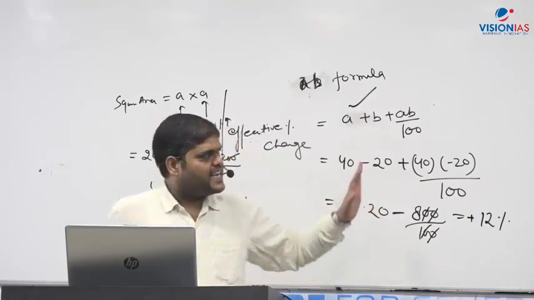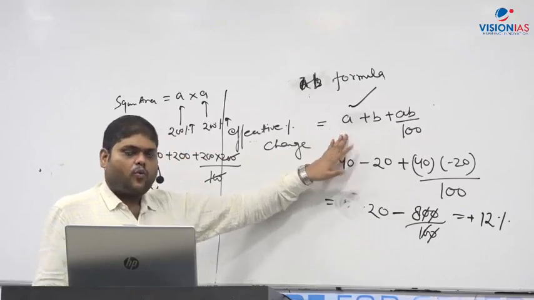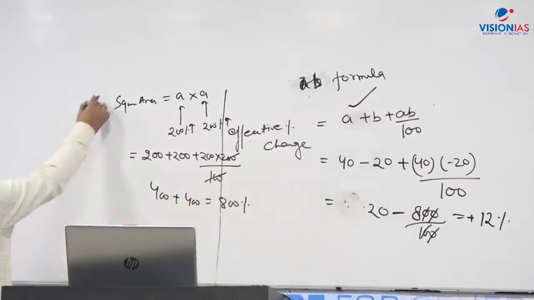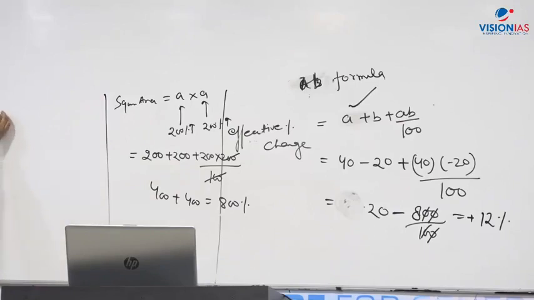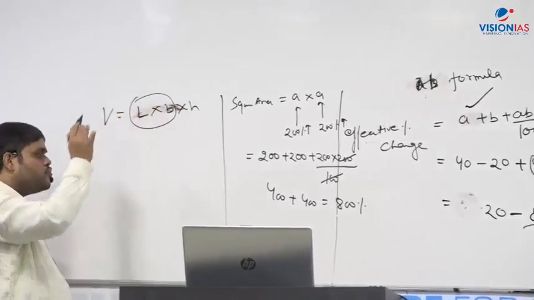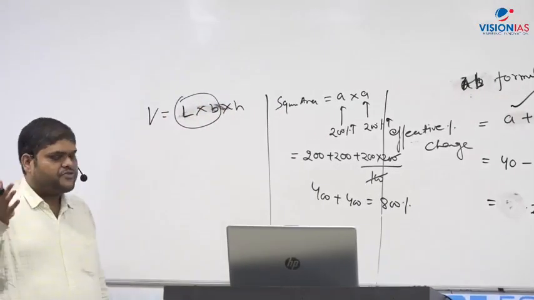There is one limitation of the AB formula. Like yesterday, we did one question of a cuboid where volume was length into breadth into height. We can apply the AB formula only for 2. There is no AB formula for 3.